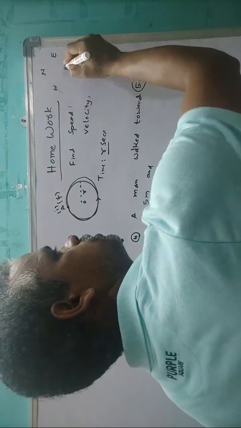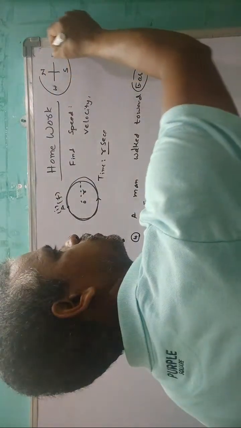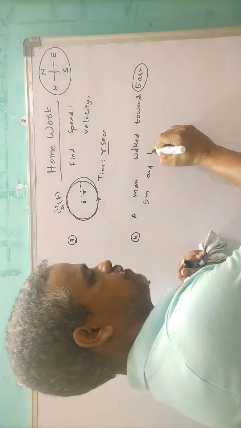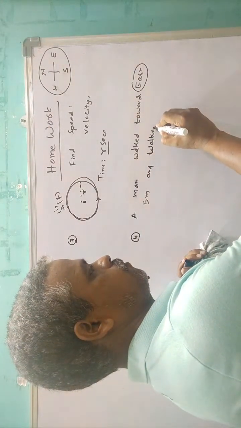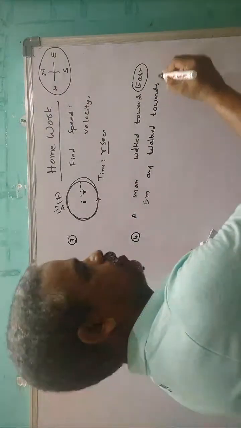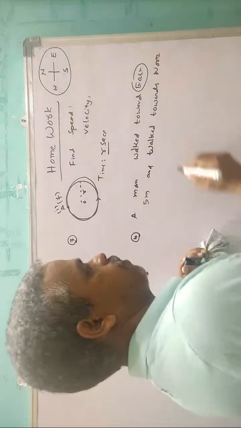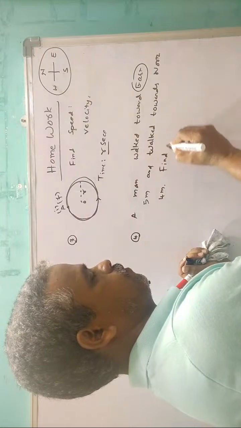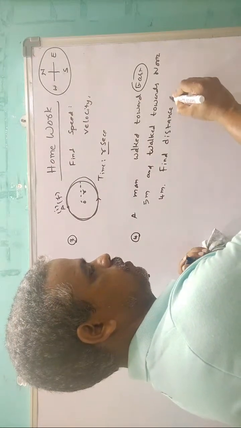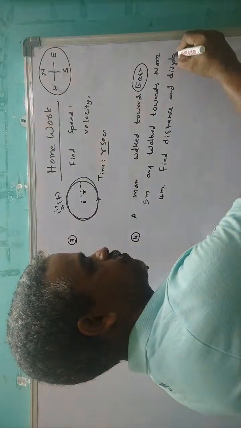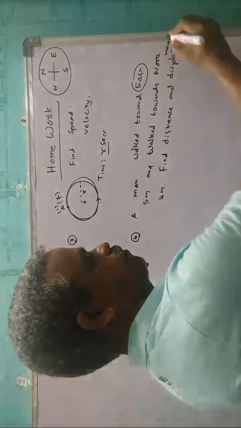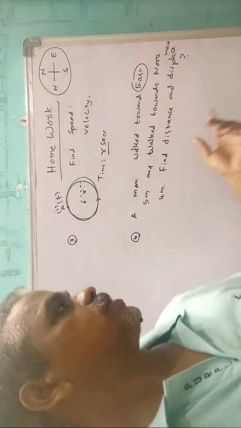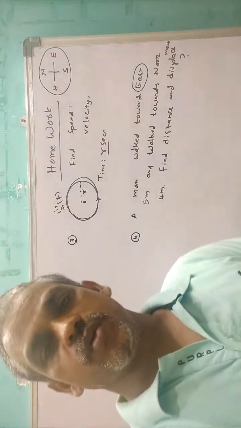Towards east 5 meter, and then walked towards north 4 meter. Find distance and displacement. This is a different question.